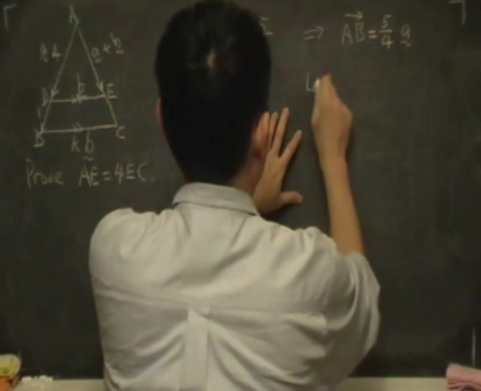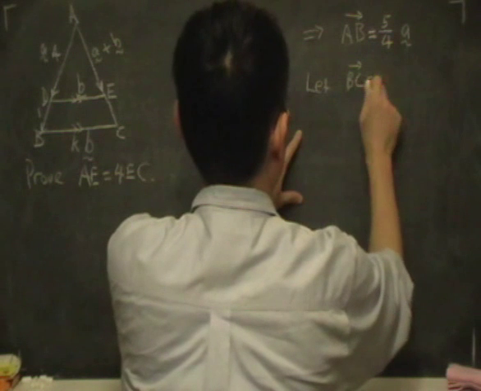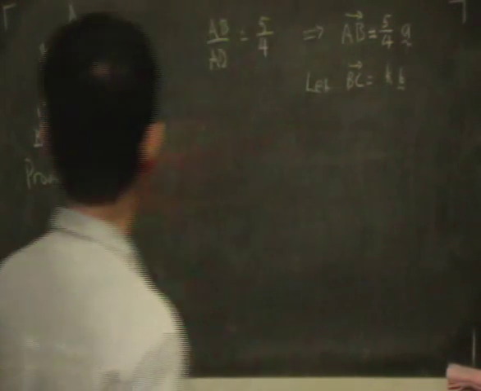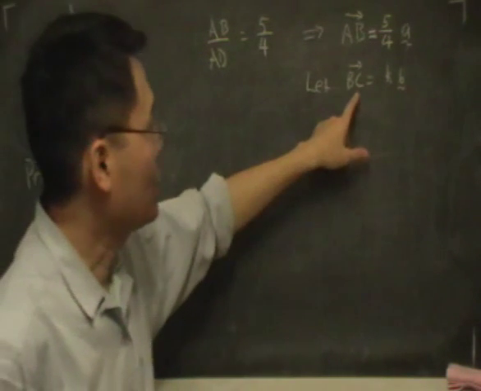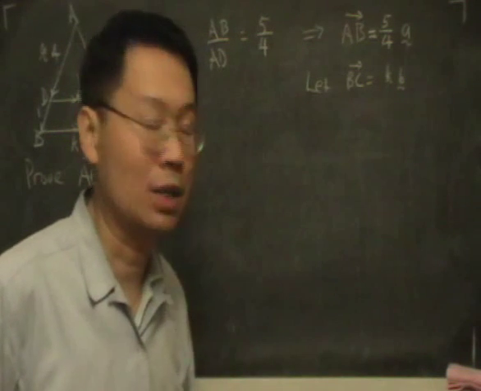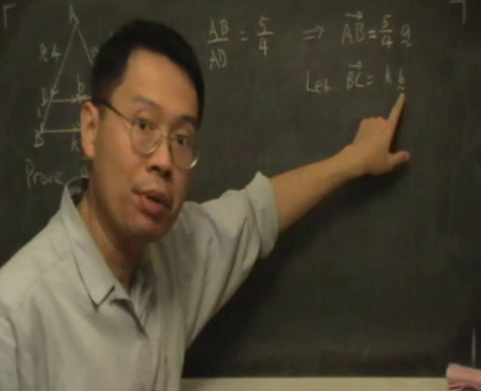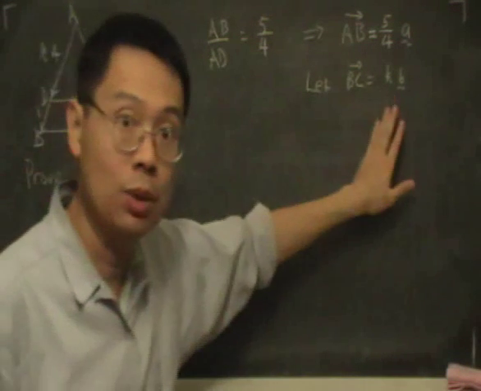We just let the vector BC be a number times the vector B. Now we have to remember here that we can't just let any vector be a number times any other vector. The vector BC has to be parallel to B before we can do that.